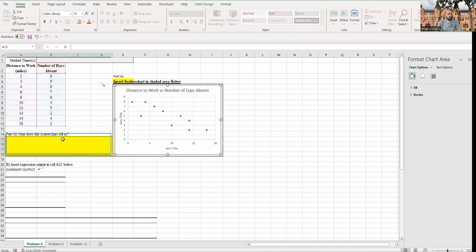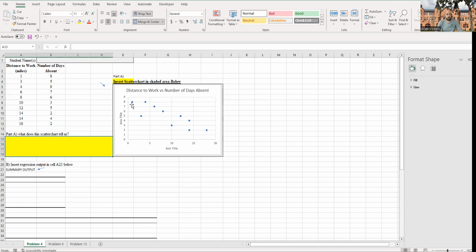So what does this scatter chart tell us? Well, if we're looking at the scatter chart, we see that basically these variables are negatively related. They are sloping downwards. So as the distance to work increases, the number of days absent is actually decreasing.